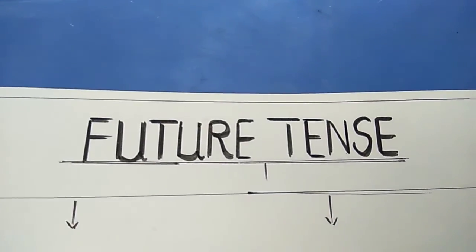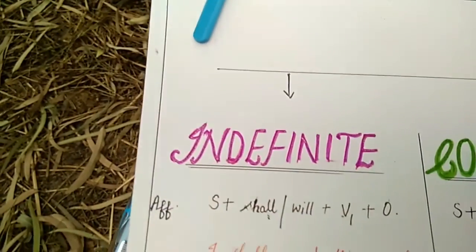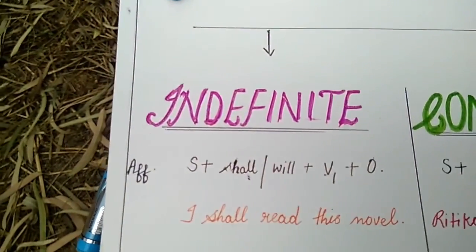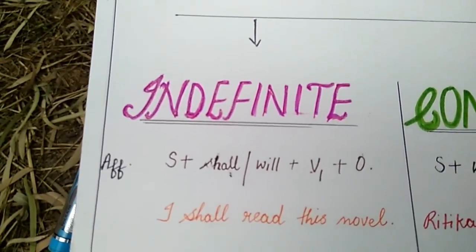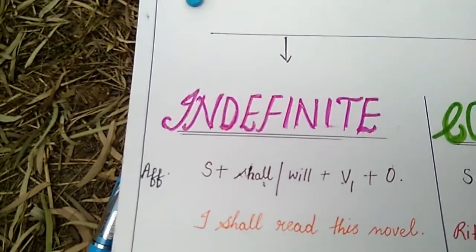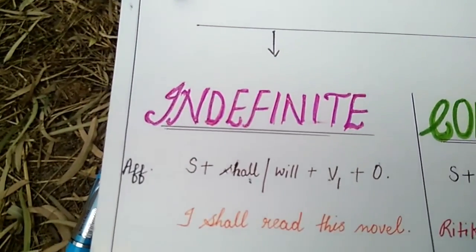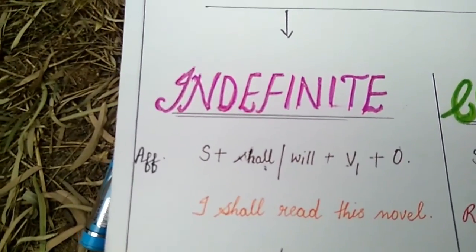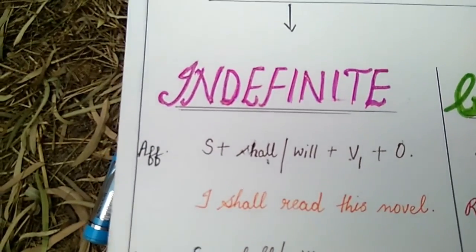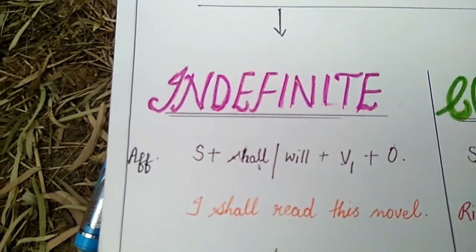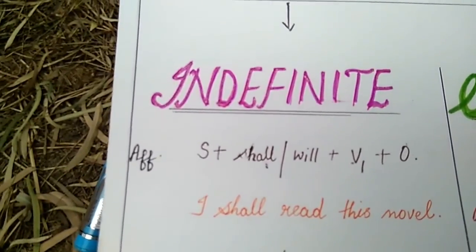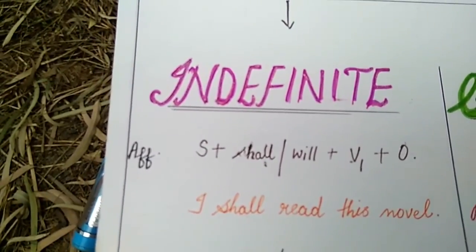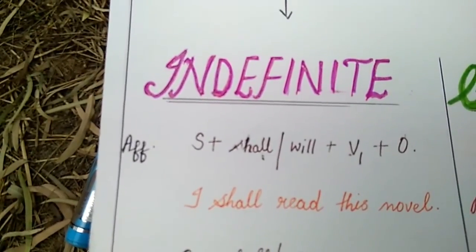While talking about future tense and its indefinite segment, we discuss here the structure of the affirmative sentence, that is the base structure: subject plus shall / will plus first form of the verb plus object. One more thing to be remembered is that with I and we, the future tense takes shall, and with all other subjects it takes will.